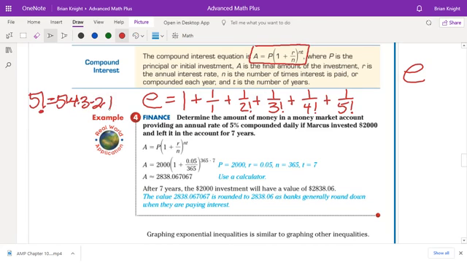So 1 factorial is just 1. 2 factorial is 2 times 1, which is 2. 3 factorial, 3 times 2 times 1, 6. 4 factorial, 4 times 3 times 2 times 1, 24. And so on and so forth. 120.